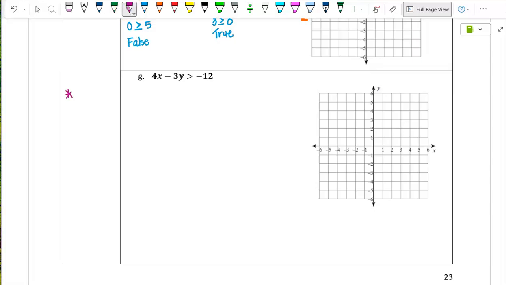So if the inequality is not in slope-intercept form, we need to solve it to get there.